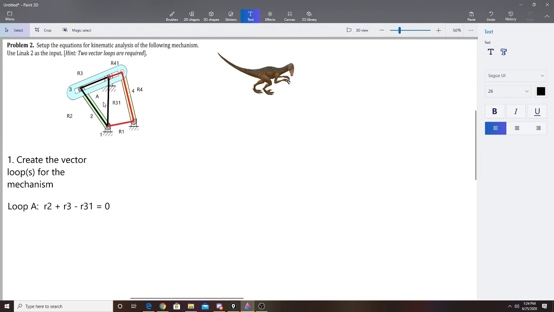And so, like I said, you need to set up the vector loops in the simplest possible way. And would you guys agree that this is fairly simple, right? We have a triangle here, and we have this outside part. Although I don't know if that's the exact way that they have it set up, but yeah. So what their solution is, and the one that happens to be right, is that they do this.